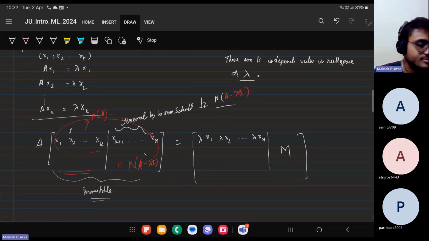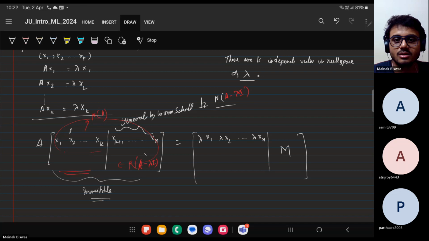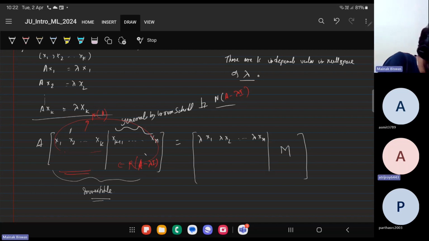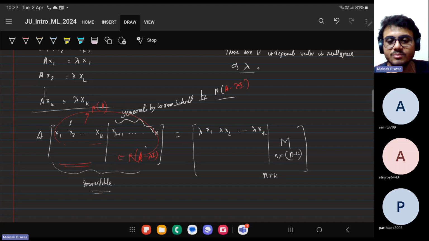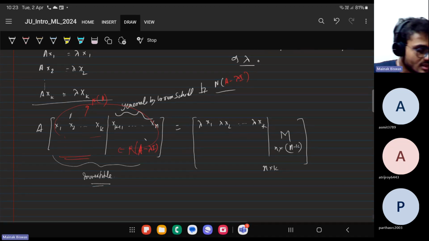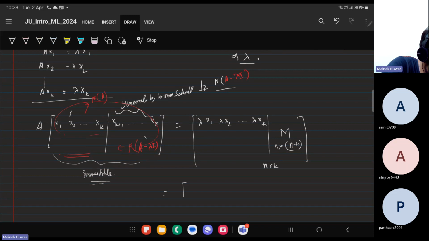This should be up to lambda xk. Yes, sorry. So this is your n cross k, and this M is n cross n minus k.